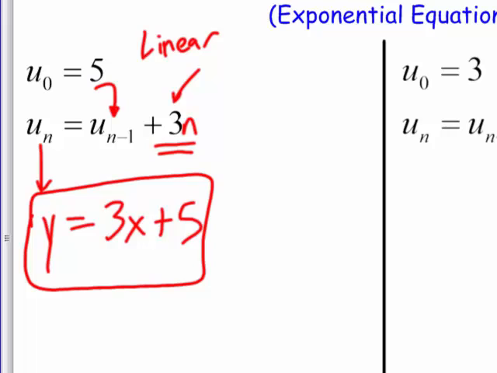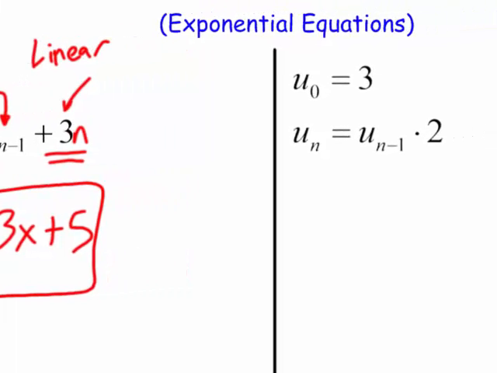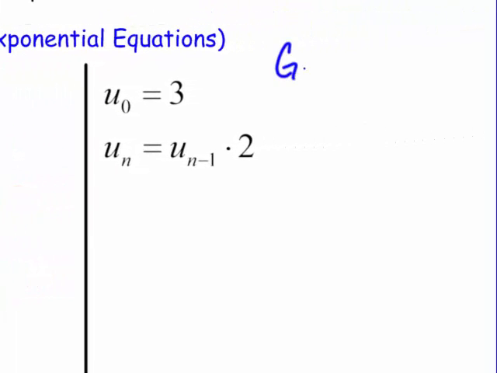Well, we can do the same thing for exponential equations, and that's going to deal with our geometric sequences. So over here we had arithmetic sequences, but we can write an explicit equation for our geometric ones now. It kind of works the same way.